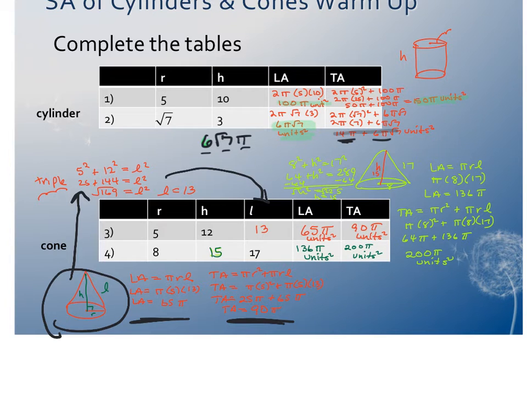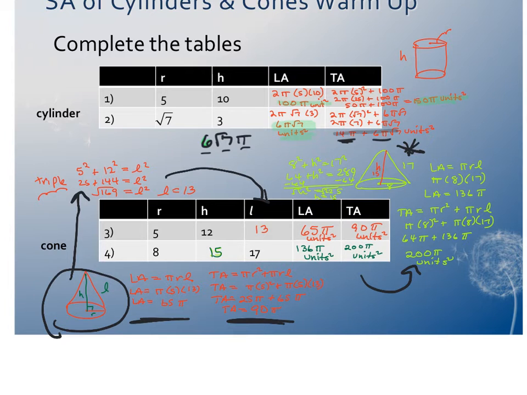Now for number 4, all the work here is in this fluorescent green looking color. For the height, over here is my cone picture. So what I need to do is the Pythagorean theorem again. Again, it's a triple. If you don't remember your triples, you do the Pythagorean theorem.